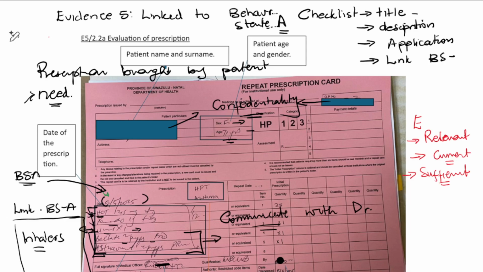So to repeat that, I will start off by saying linked with behavioral statement A. And then in the annotation, in the text box, I will say I began by checking the prescription and saw that the patient was prescribed hydrochlorothiazide, paracetamol, methyl salicylate ointment. I then confirmed with the doctor via telephone, and the doctor told me that they wanted to give 100 micrograms, 2 puffs PD of this.